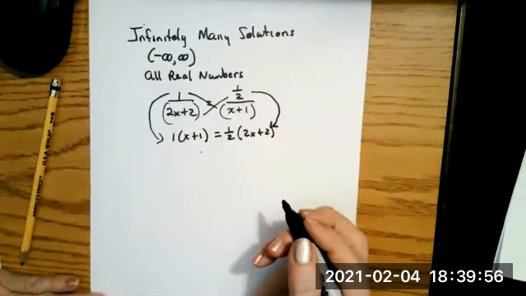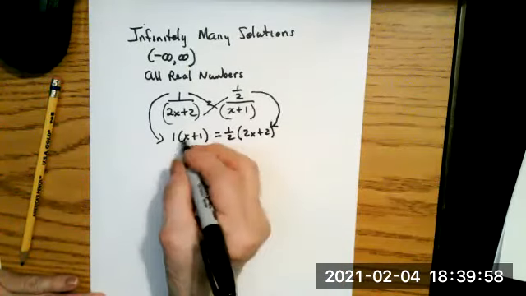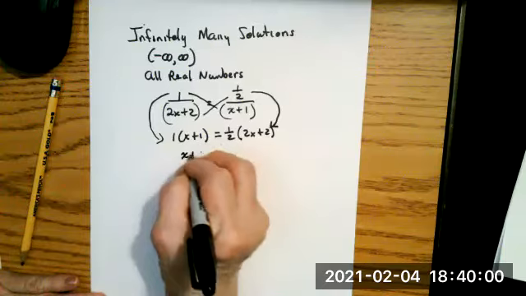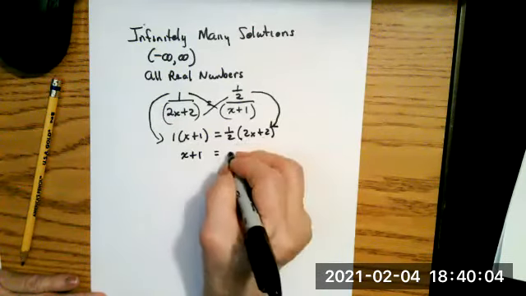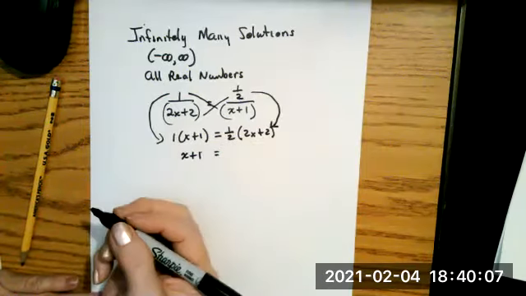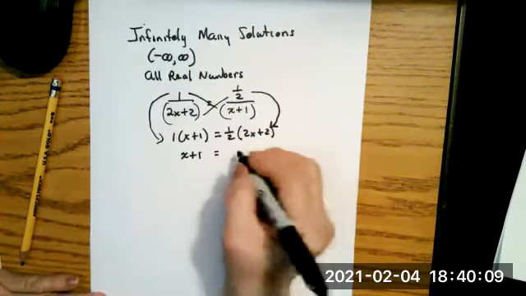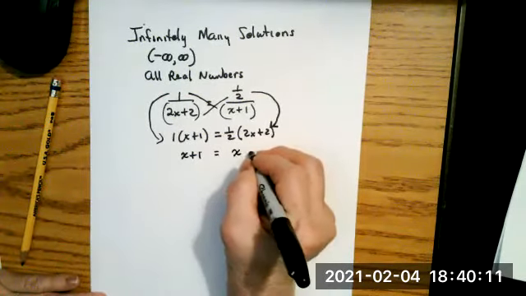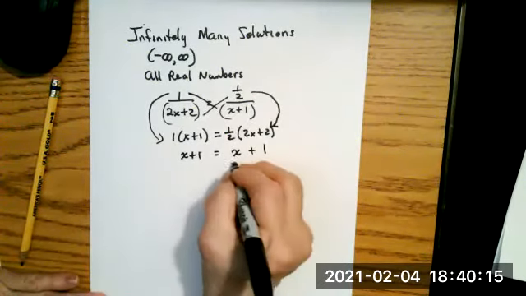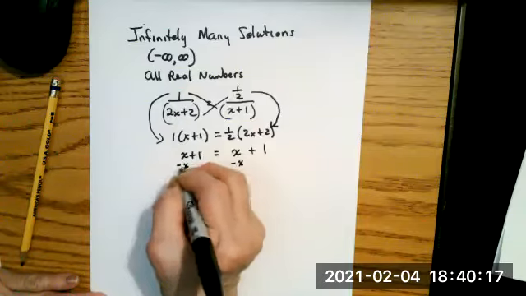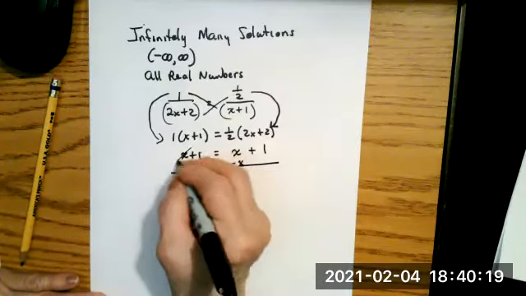Now let's see. 1 times x plus 1 is just x plus 1. And 1/2 times 2x plus 2: 1/2 of 2 is 1, so that's just x plus 1. What do you see on both sides of that equation? Look at my x's.